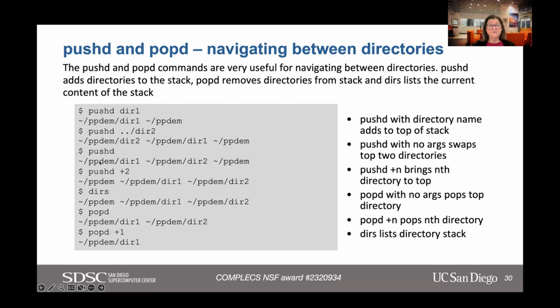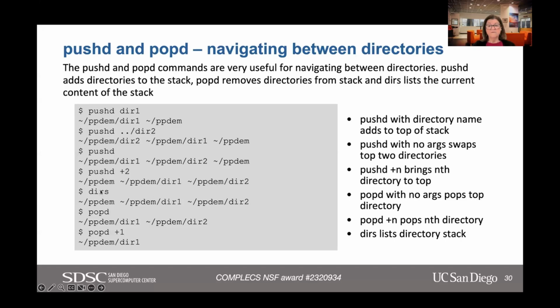And so I'm going to go to a new directory, dir1, and now pushd is listing the directories I'm in. I can pushd plus 2, which moves me to ppdem. So go 1, go 2, go back to ppdem, but the other directories are still in my stack.